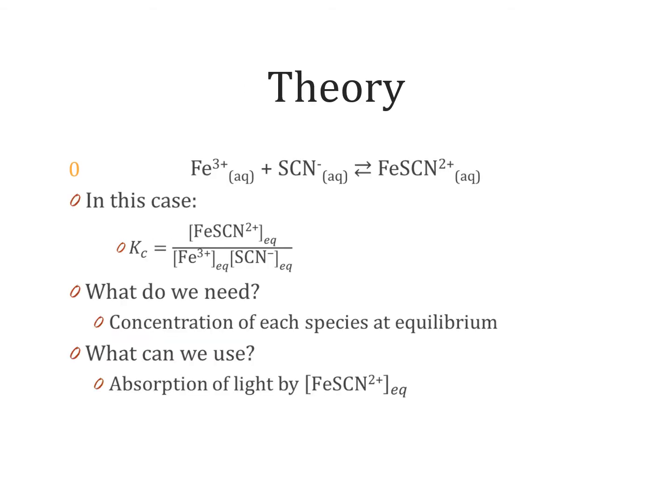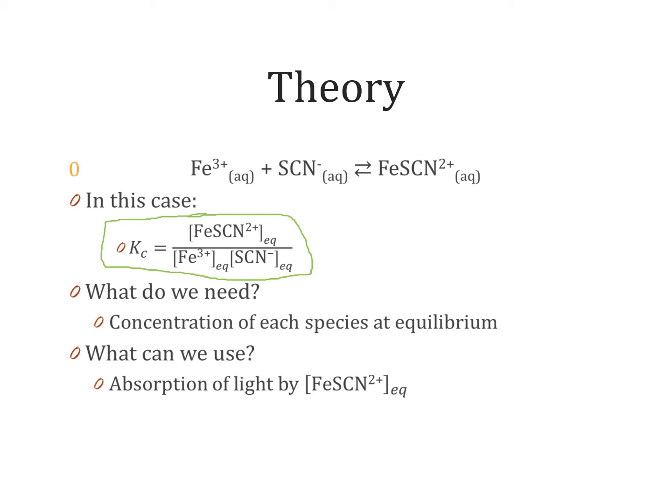Again, just looking at the expression for our reaction, we have here the iron 3+ combining with the thiocyanate, and then we have here our complex formed, and therefore the equilibrium expression is here in this equation, and this is also very significant for what we will be doing in this experiment.